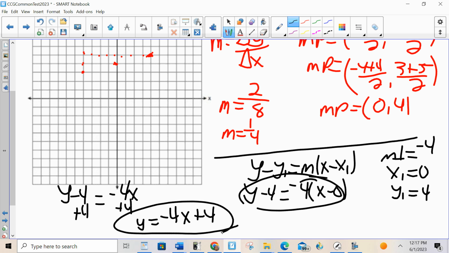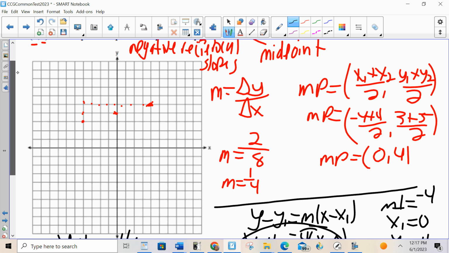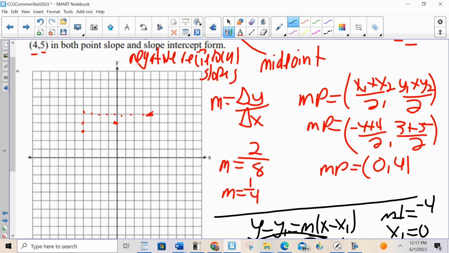If this is a multiple choice question, which it probably will be, a strong suggestion: just use the graph. I know that it's going to look something like this. So if it's multiple choice and it's got y equals, you're going to see some 1/4s and you're going to see some 4s.